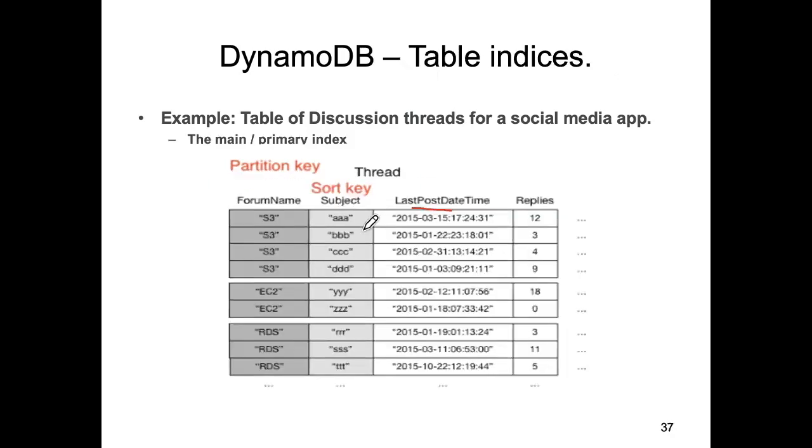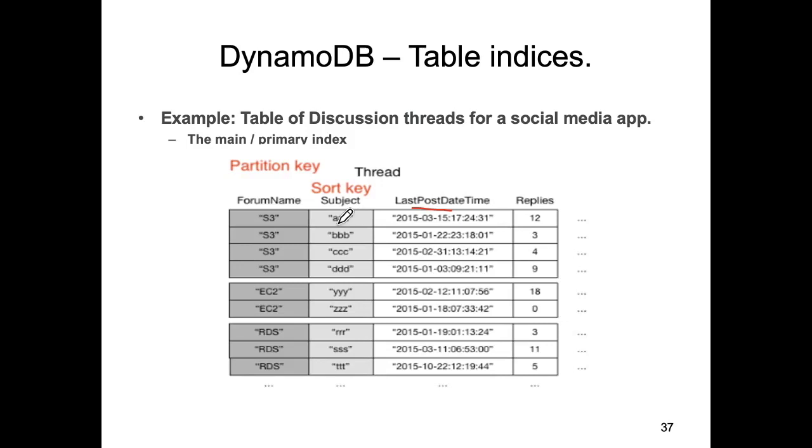Whereas if I go back to the main index, the only types of queries that I can perform against this index is give me all of the discussion threads related to the S3 service where the subject of the thread begins with some substring.